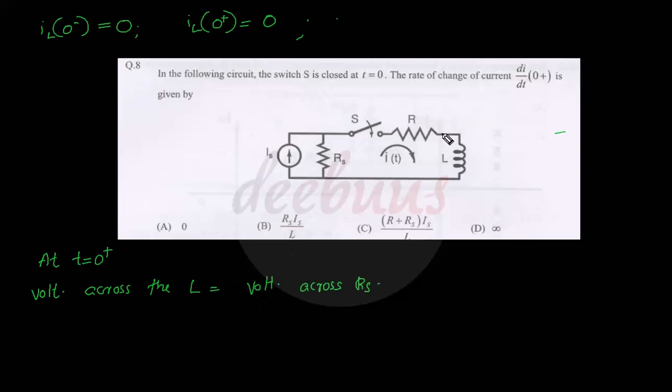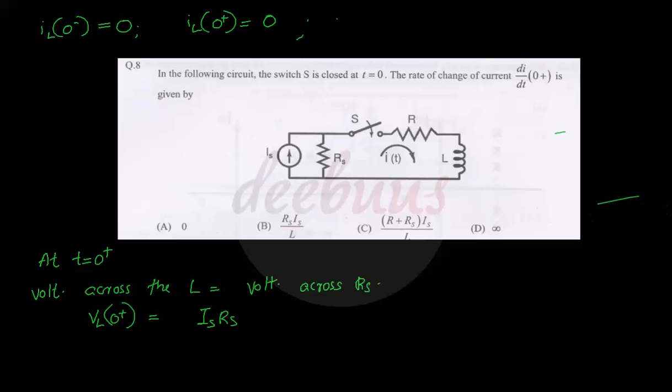As no current flows through the inductor, it also implies that the serially connected resistor does not conduct any current. I can write the voltage across the inductor VL(0+) equal to the voltage across the resistor. The voltage across the resistor is IS into RS, as all the current flows through this RS.